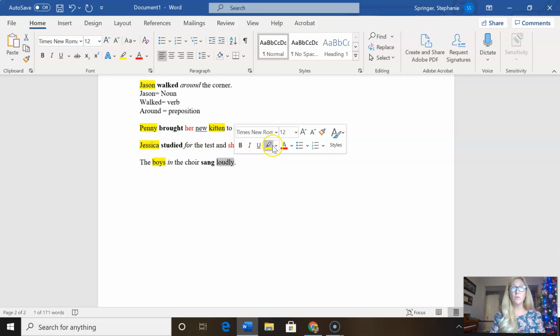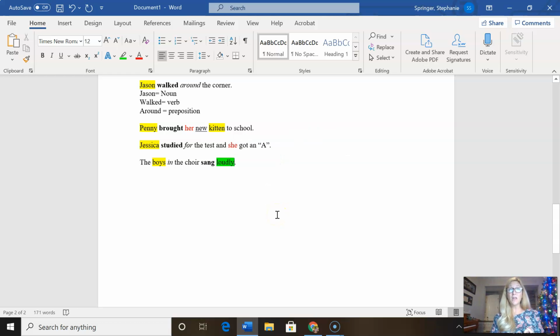We are going to highlight this green. That's an adverb. So boys is our noun. In is our preposition. In the choir is our prepositional phrase. What did they do? Action is sang. And how did they sing? Loudly. That's our adverb.